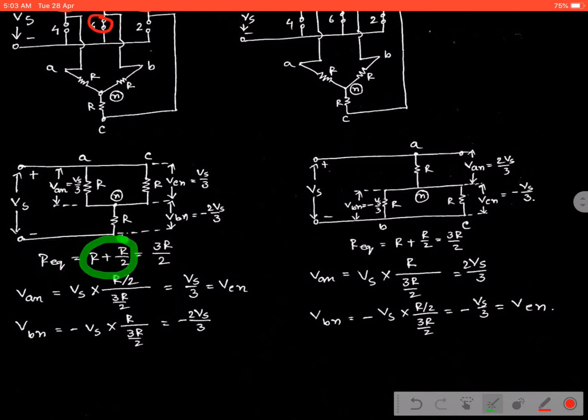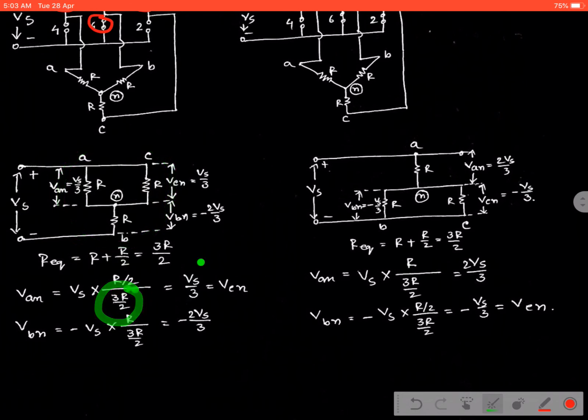Now we can calculate the potential difference across all the resistances. The voltage appearing across A and N means the phase voltage across the A phase, or point A. For VAN, we apply the voltage dividing rule: the main voltage Vs multiplied by the resistance across which we calculate the potential difference, that is R by 2, divided by the total equivalent resistance of the network, that is 3R by 2.